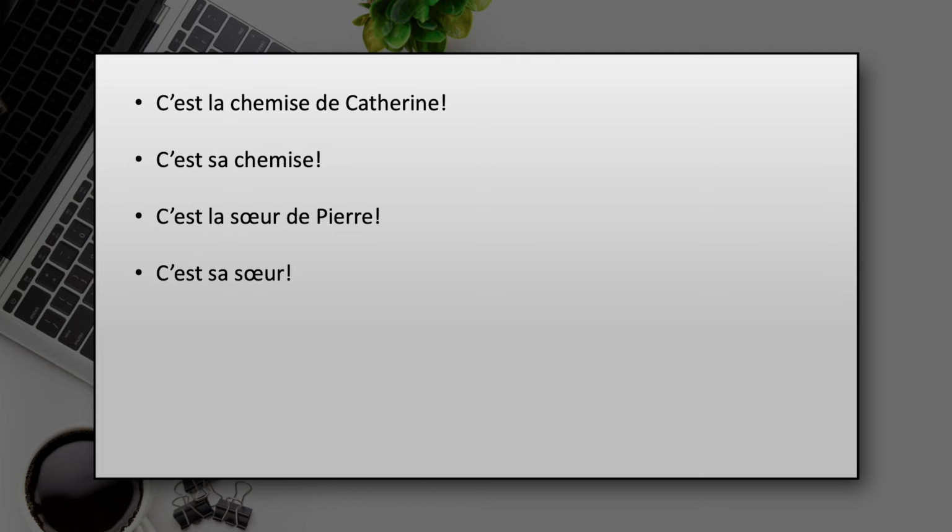But in French, since the word sœur is a feminine word, it becomes c'est sa sœur. So, I hope it's now a bit clear how the gender and the number of the subject actually indicates which possessive adjective we use in French.